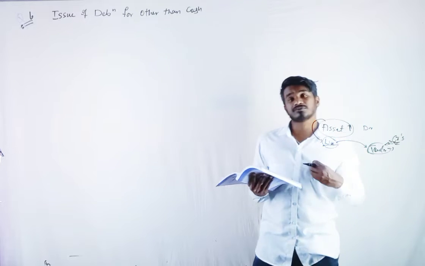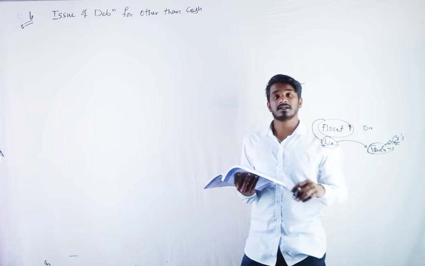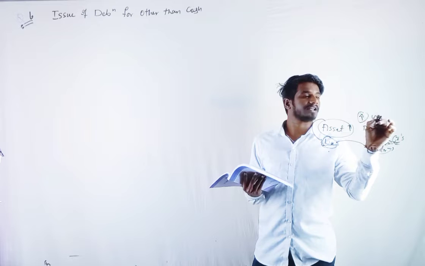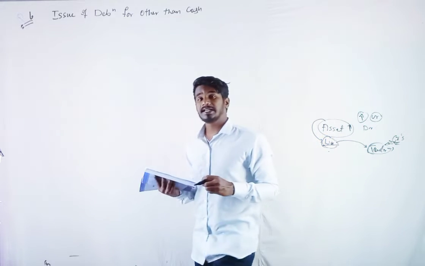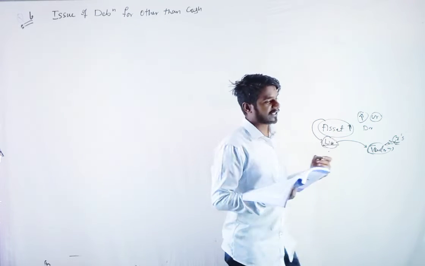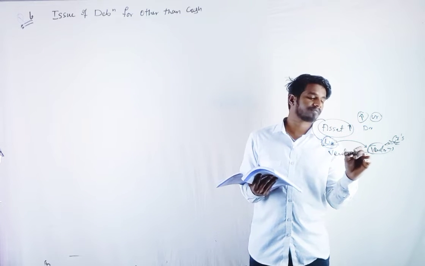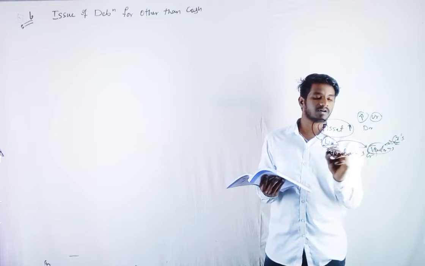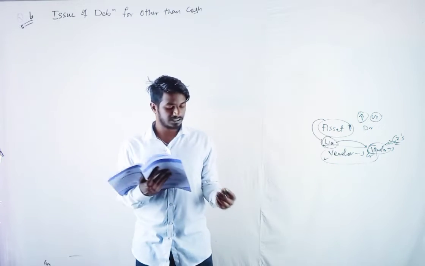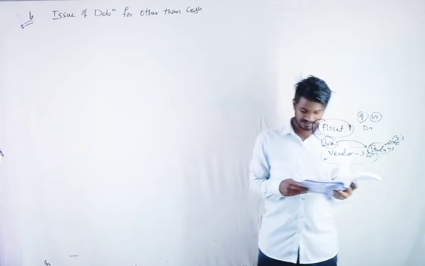For creditors we should pay, so he will be our liability. If liability increases, we will credit. Is that right? Vendor will be credit, or if they give any name, you can use the name. Okay, then that's the entry, nothing much.